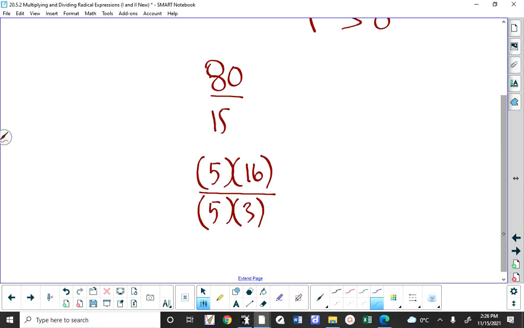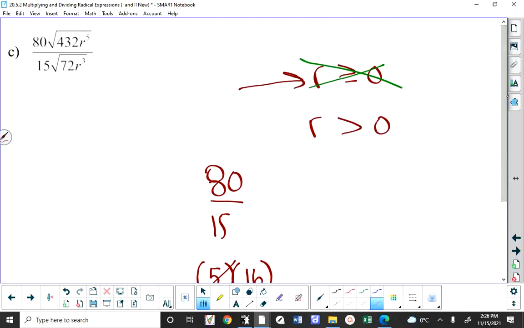There's a factor of 5 on the bottom and 3 on the bottom. You are only ever allowed, and I'll say this a dozen more times in this course, to cancel something if it's a factor on the top and the bottom. Okay. So anyway, that's 16 over 3.